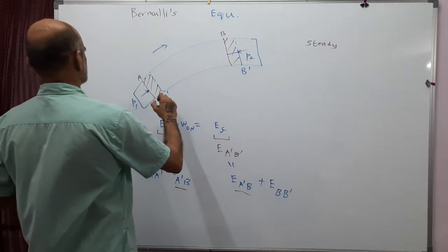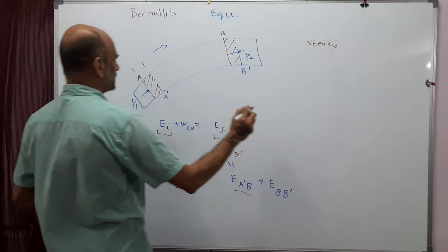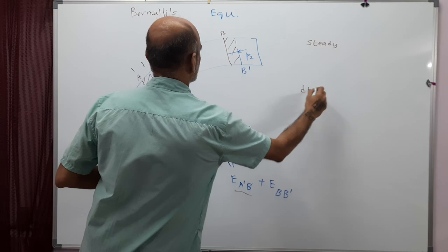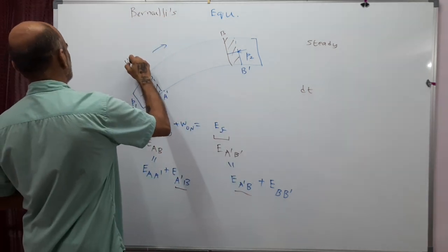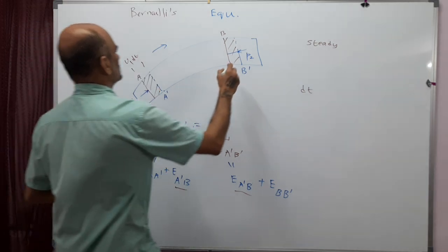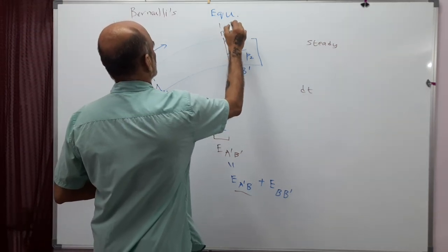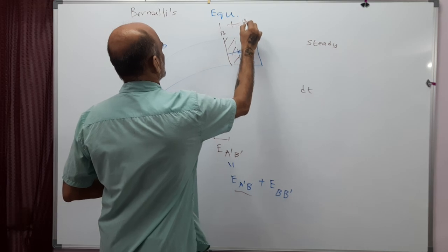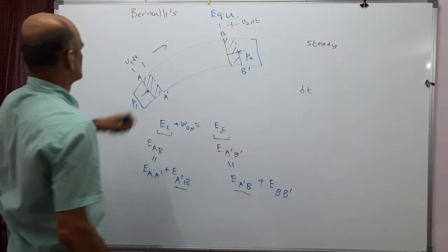So this has made this much displacement. Let me consider a small amount of time dt between initial and final states. So this distance will be v1 dt, and this distance is v2 dt. Velocity of liquid at this point is v2.